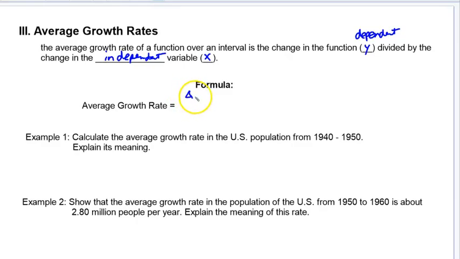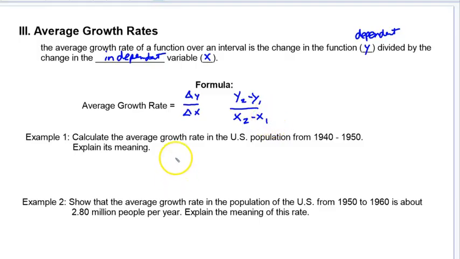I'm going to say delta y over delta x. Delta, that Greek letter delta in math, means the change in the y values divided by the change in the x values. Or you could go back and use y2 minus y1 over x2 minus x1.